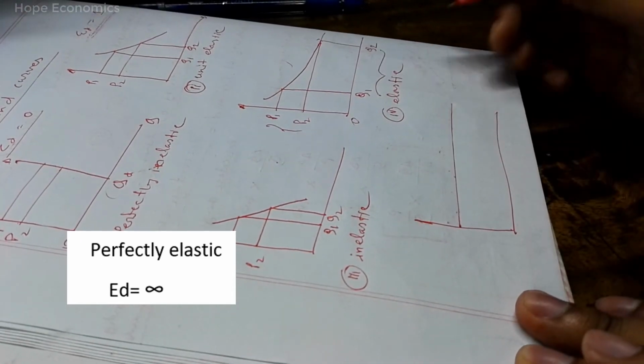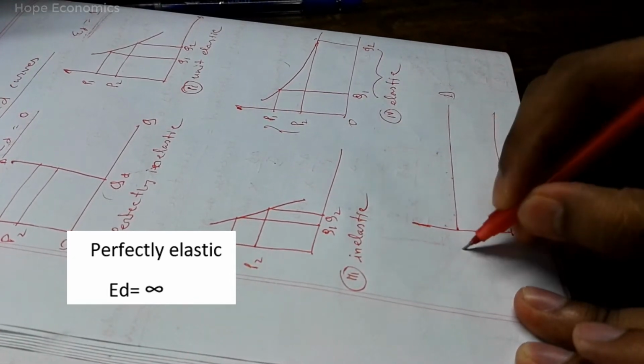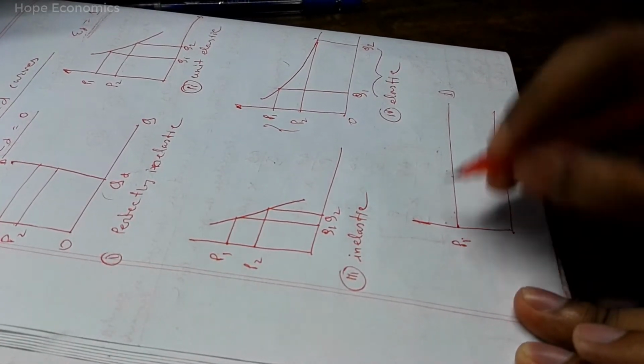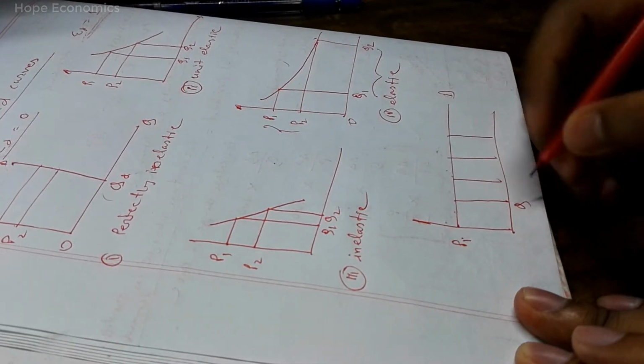and it's horizontal. So the D is here, and you can see the price is not changing, the price remains the same, and at the same price people will be able to have different quantities.